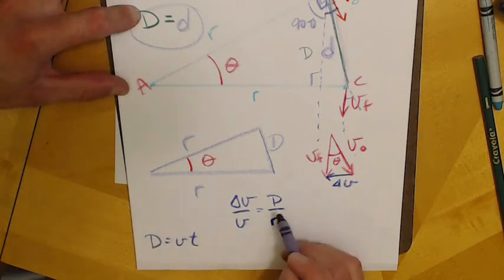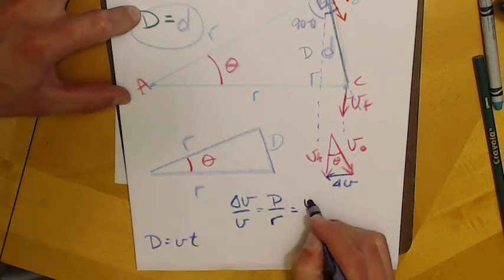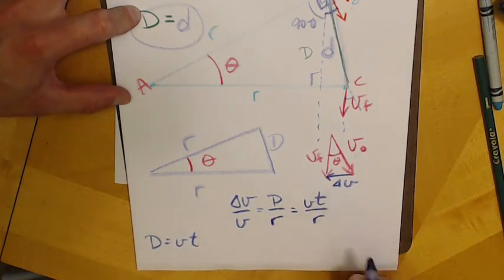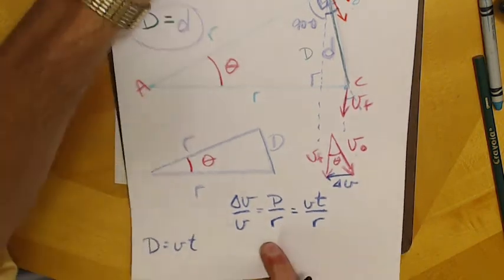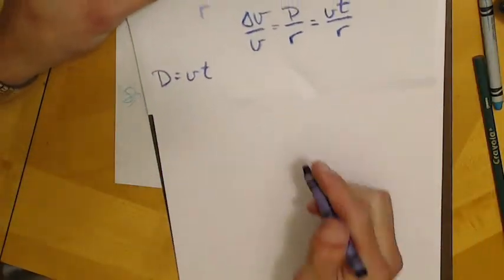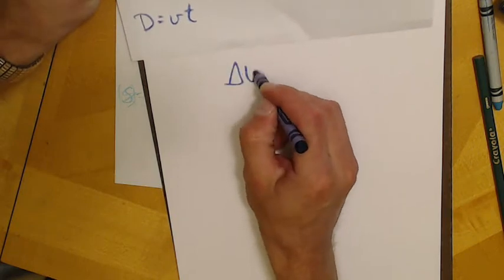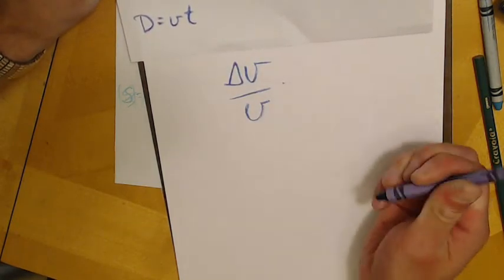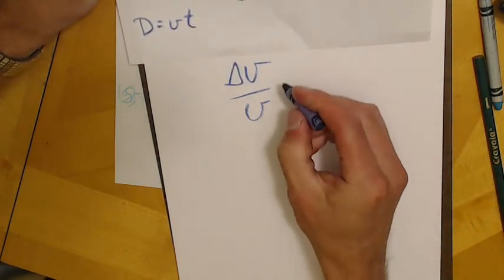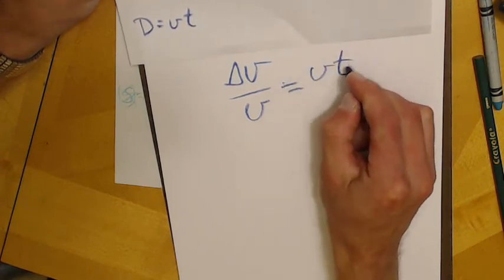So I'm going to plug that in here, and this turns into Vt over R. So delta V over V equals Vt over R.